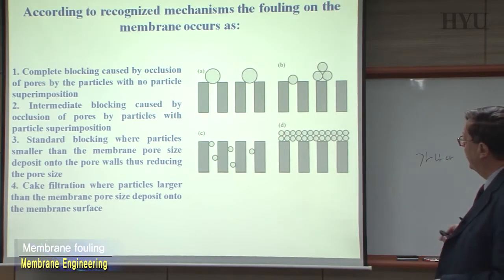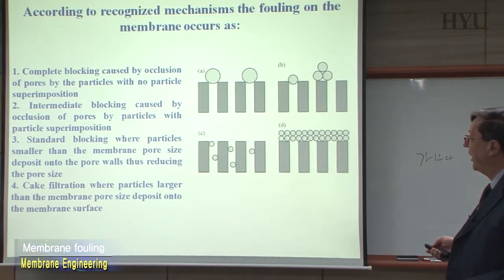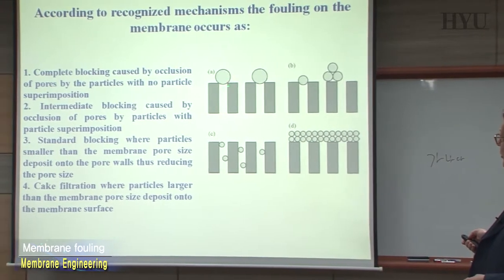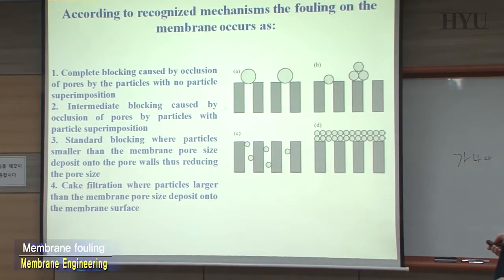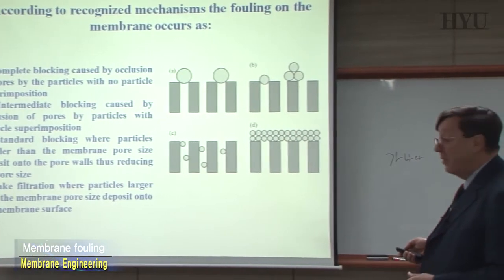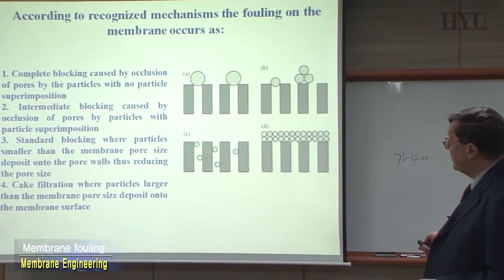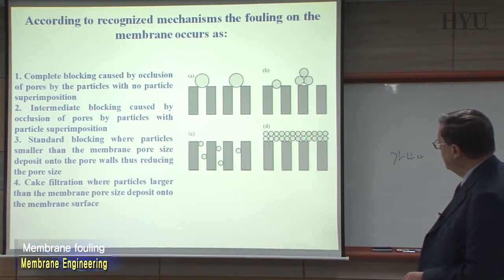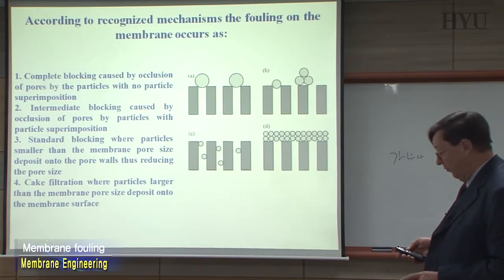Again, people have been trying to understand what is going on, assuming that we have different possible situations. One is a complete blocking of your membrane by big particles, where each one stops one of the pores, but no layer is formed. Another situation is where you block something, but in the meantime you form different layers of your particles. Then there is the situation in which you block not just on the surface but inside the pore, and the situation in which you just form different layers on the membrane surface.